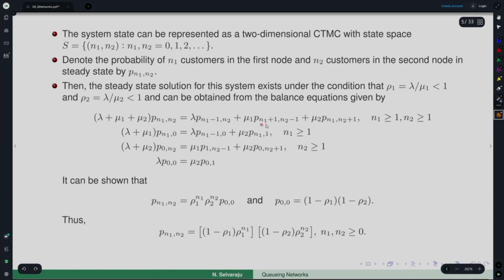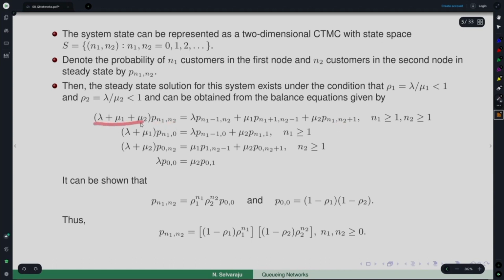Or there could be n1 plus 1 in the first stage and n2 minus 1 in the second stage, and there is a service completion at stage 1, so one customer from stage 1 is moved to the second node, and the second becomes n2. Or the system could be in n1 in the first node and n2 plus 1 in the second node, and there is a service completion at node 2 to bring this state to (n1, n2).